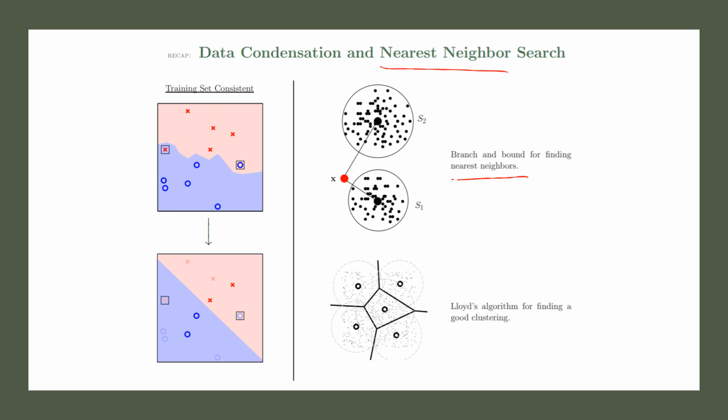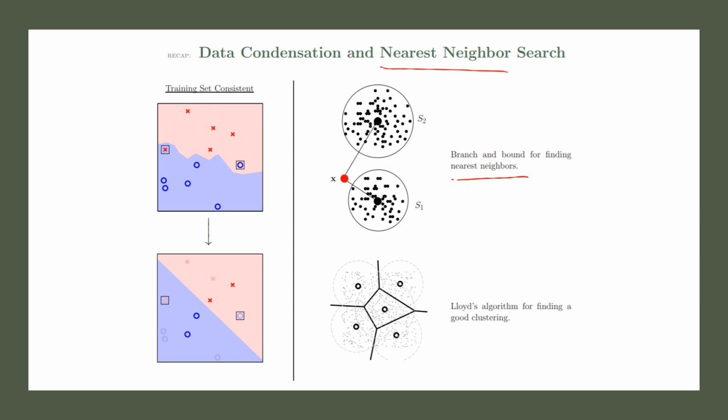And we saw that in many situations, we can get structured data, and that's really good for us. So that's a way to quickly find the nearest neighbor. If the data is well structured, we can save a lot on searching cost if it's well separated and in clusters. And then finally we ended with Lloyd's algorithm for finding good clusters.